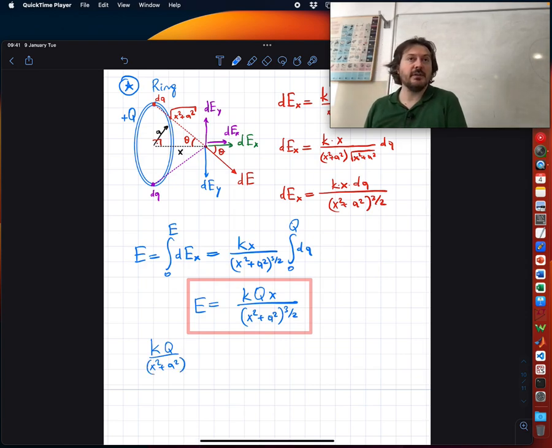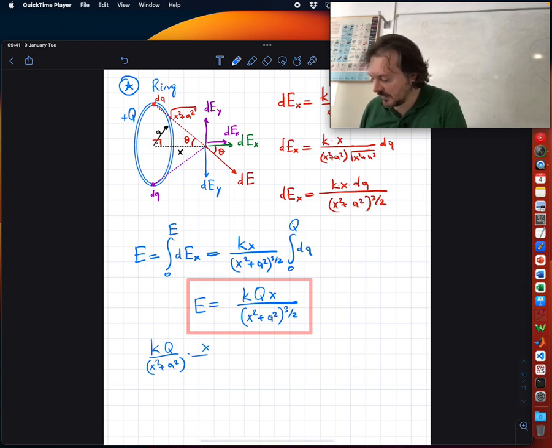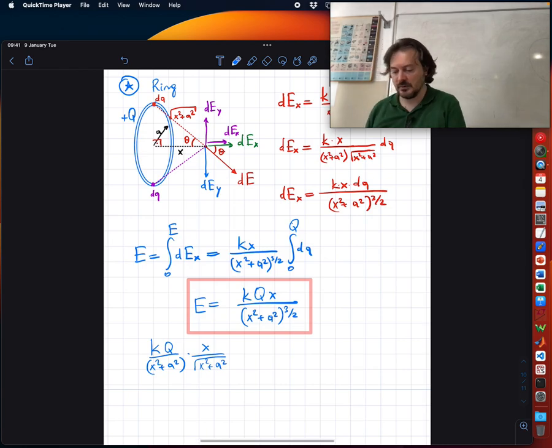But then I have to account for cosine theta, which is x over the square root of x squared plus a squared. That also works. You see, I didn't use an integral. But it's risky. You have to know what you are doing if you are going to do this.